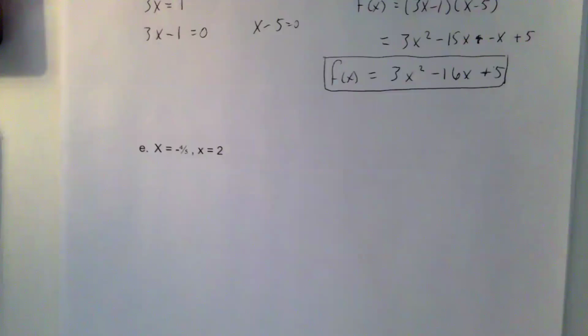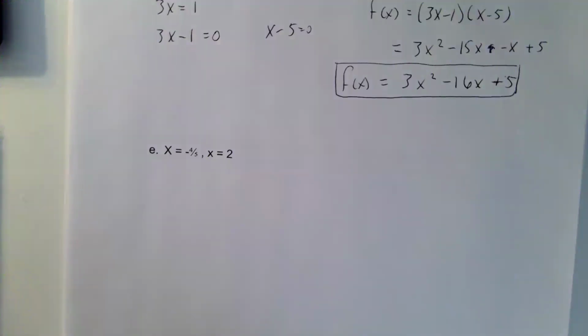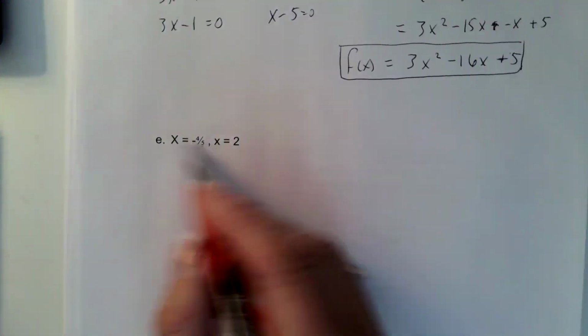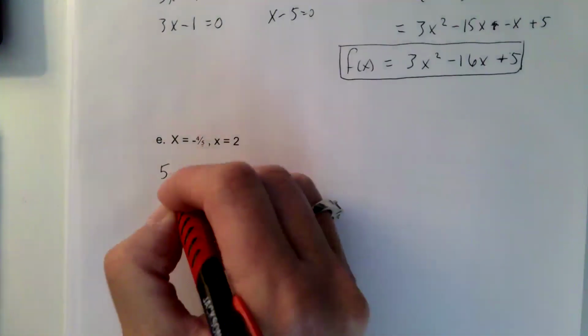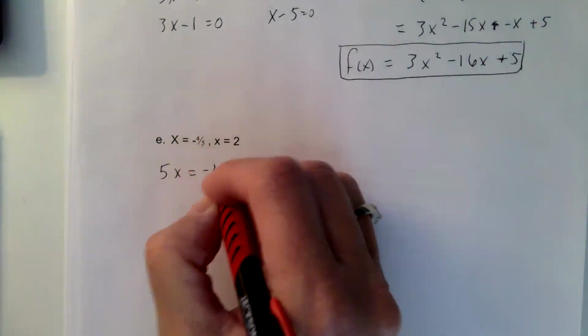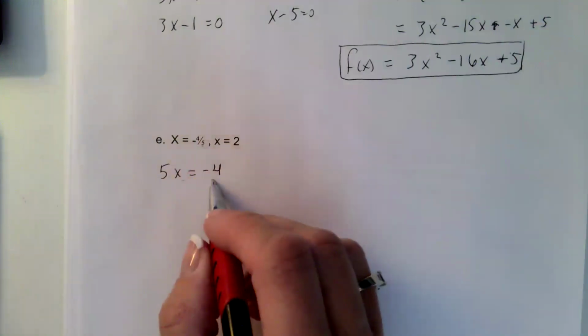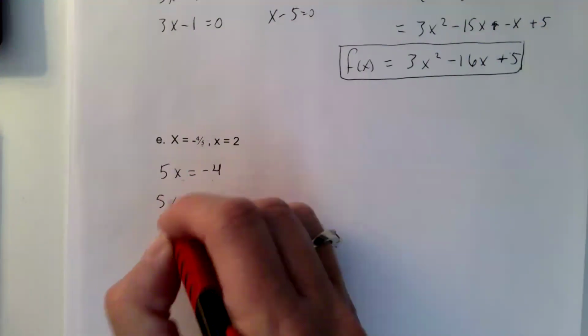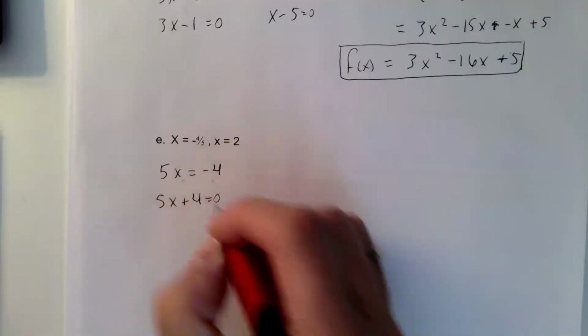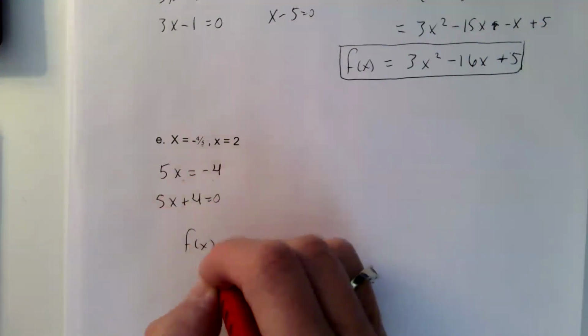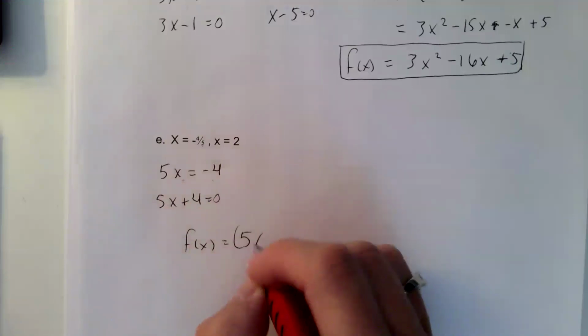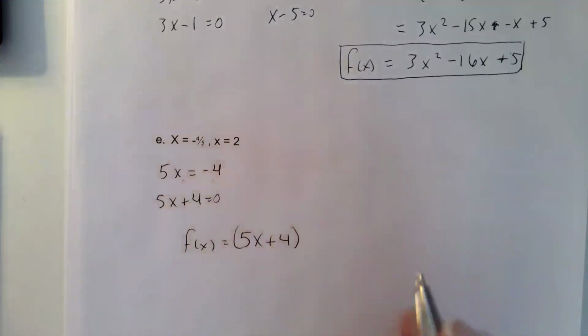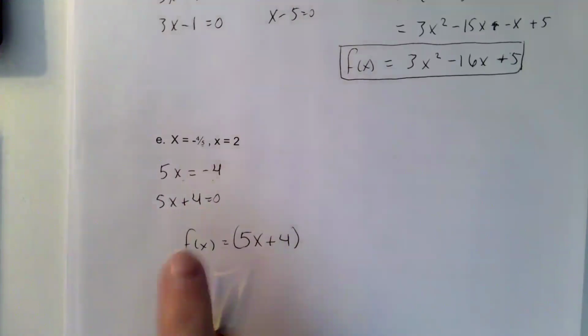And letter e, we're going to do the same. We're going to multiply both sides by 5. So we have 5x equals negative 4, and then adding 4 to both sides, 5x plus 4 will be one of our factors.